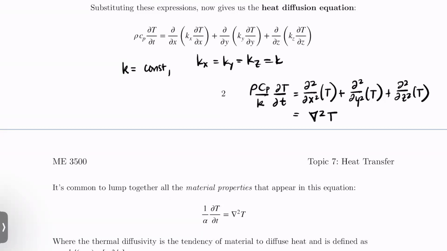The term that shows up with the second derivatives in Navier-Stokes is often referred to as viscous diffusion. So this is thermal diffusion, that was viscous diffusion, okay? This is just heat diffusing away inside of a material. In Navier-Stokes equations, that term was momentum diffusing away in the fluid material, okay?